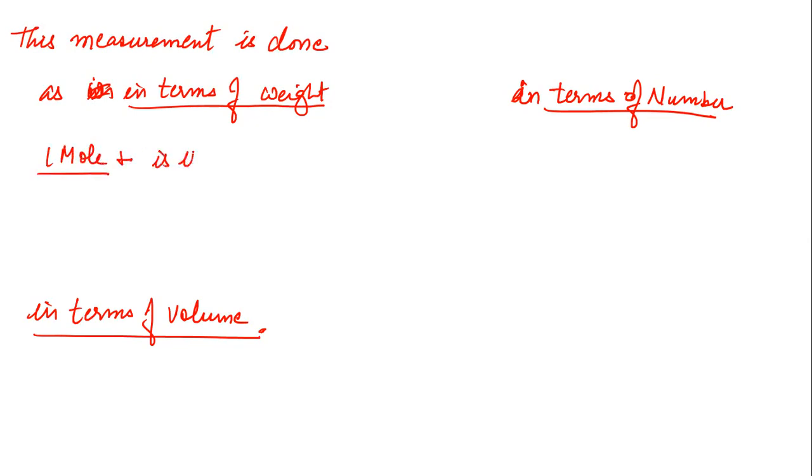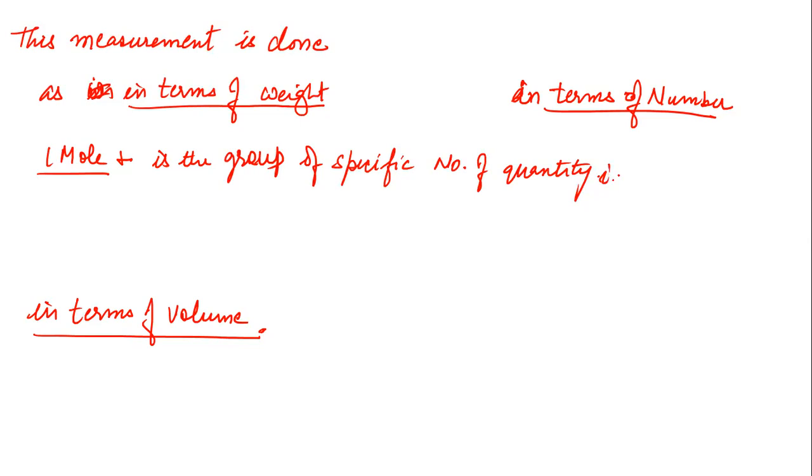Now, 1 mole is the group of a specific number of quantity, that is 6.022 into 10 power 23, which is known as Avogadro's number.